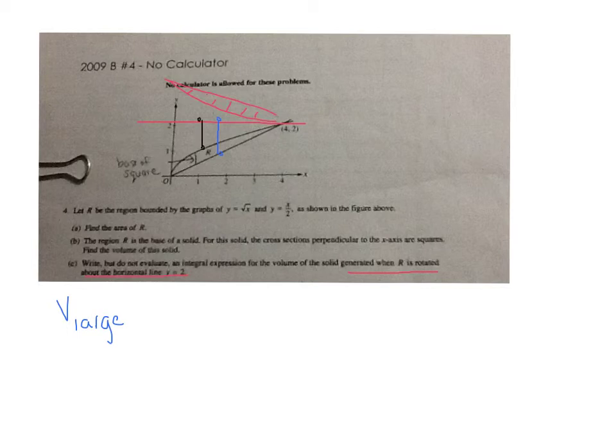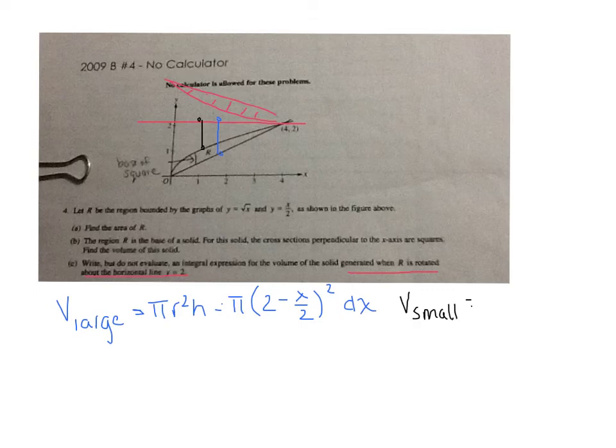So the volume of the large cylinder is going to be pi r squared h, which is pi. The radius is from 2 back to x over 2, squared. The h is dx. The volume of the small cylinder is pi.